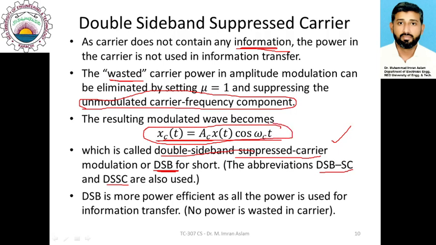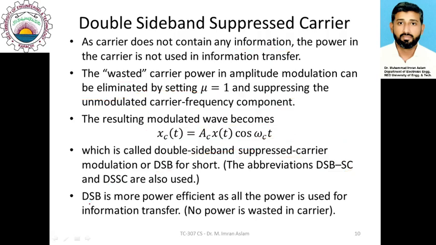So from this discussion, you should realize that DSB is more power efficient as compared to AM modulation, because all the power is now used for information transfer, focused on the two side bands, and there is no power wasted in the carrier.